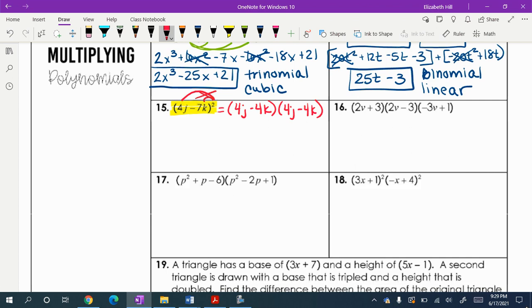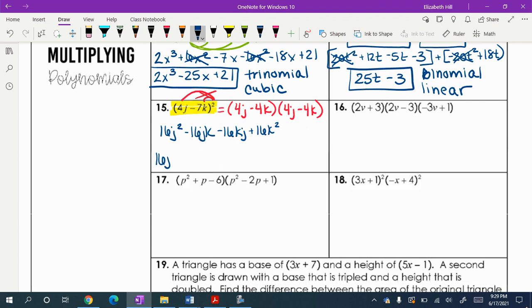4j times 4j, so that's going to give us 16j squared. 4j times -4k is going to give us -16jk. -4k times 4j is -16kj or jk, however you want to write it out. -4k times -4k is +16k squared. So like terms come together.